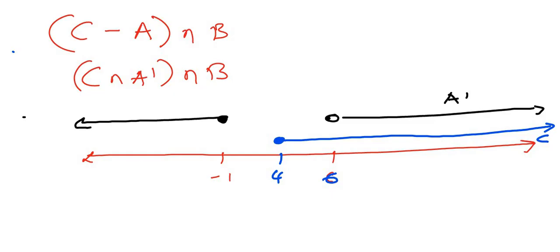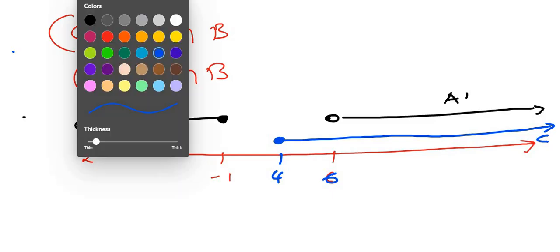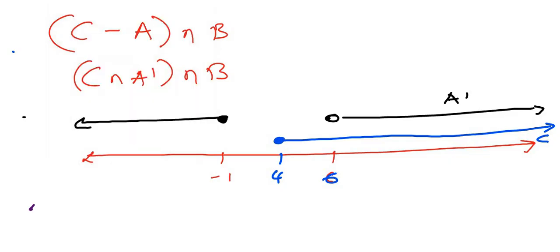This is your C. Then I'll use purple for B. B is between 0 and 4, and it's open on both ends, open there and also open there. We're looking for the intersection. Where are the black lines, the purple and the blue, all intersecting? The answer is that there's nowhere, so it's an empty set.